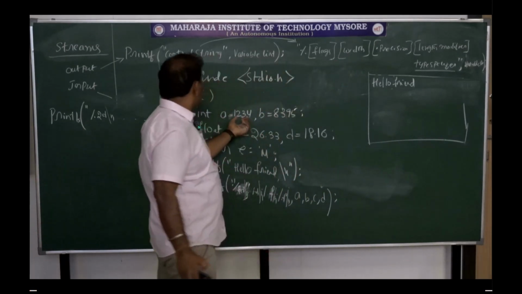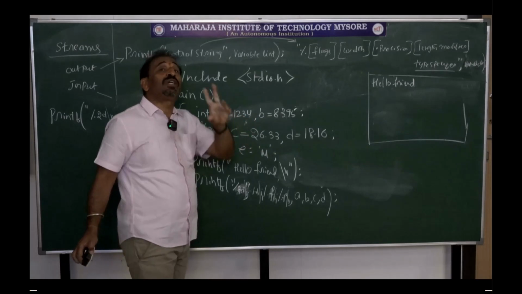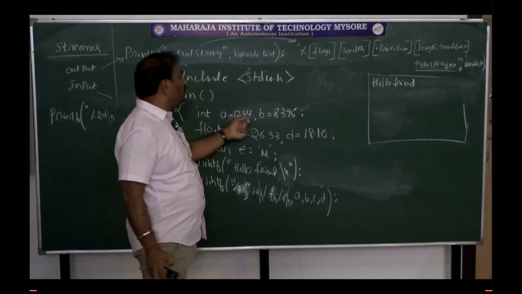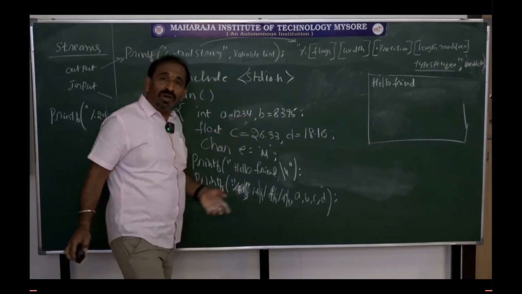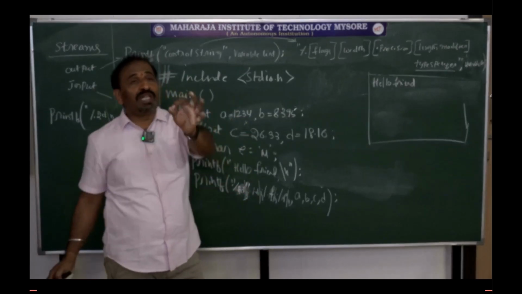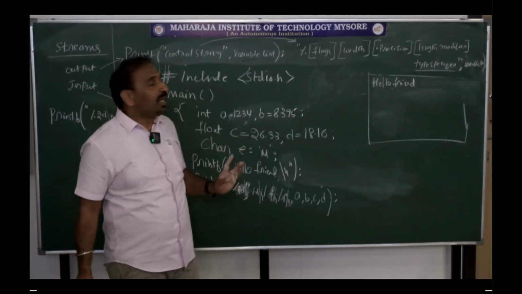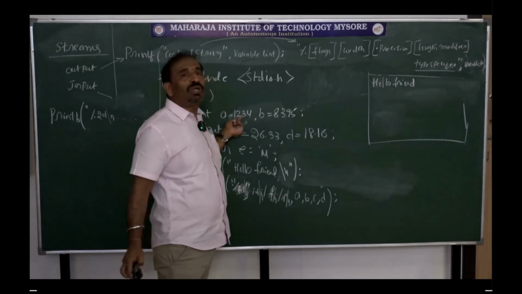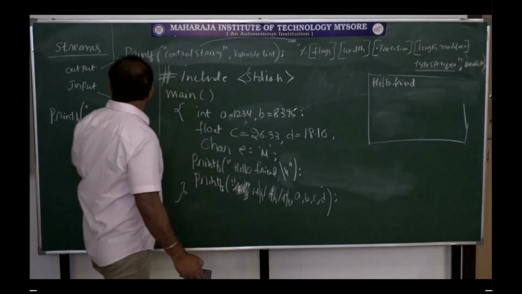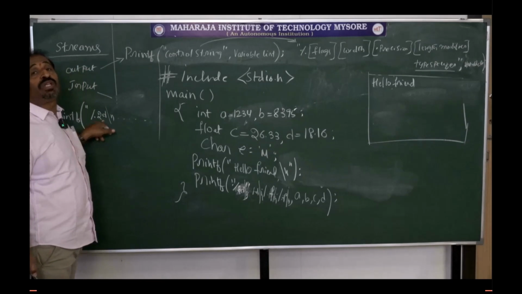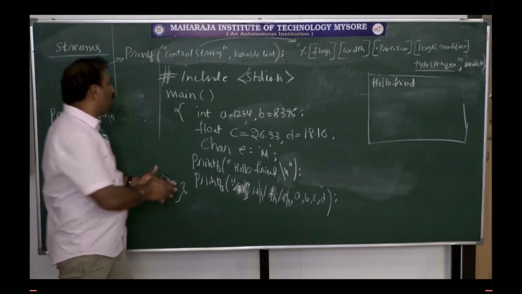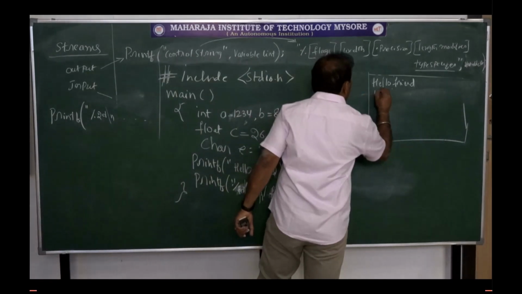You can only display 2 digits. Now only 1 and 2 are being displayed, because you are not given sufficient space. You are telling it to display only 2 digits. Out of this 1, 2, 3, 4, only 2 digits are being displayed. Since you mentioned percentage 2D, only 2 digits are being displayed. So therefore it prints 1, 2.